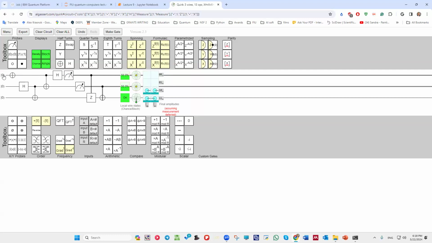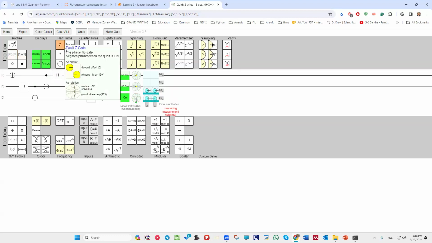So this is the state. The upper qubit is the state that Alice wants to teleport. This Bloch sphere indicates the state of Bob's qubit.